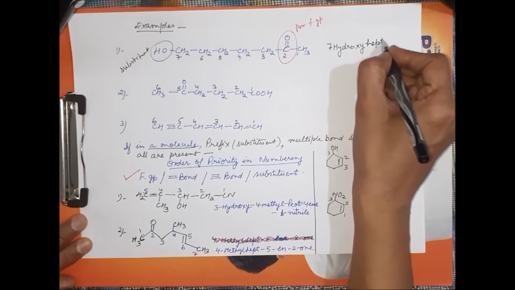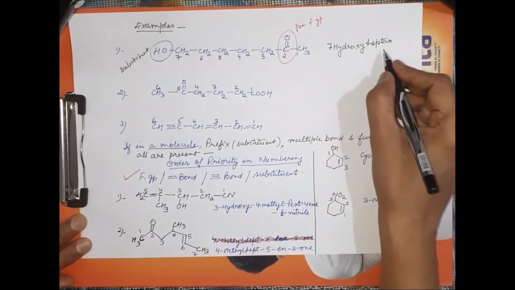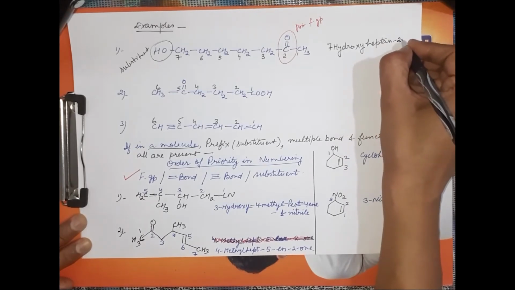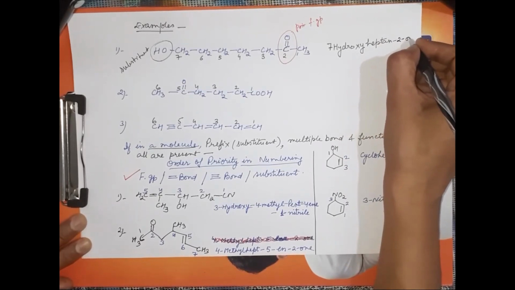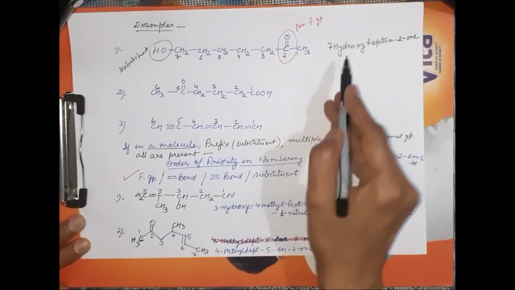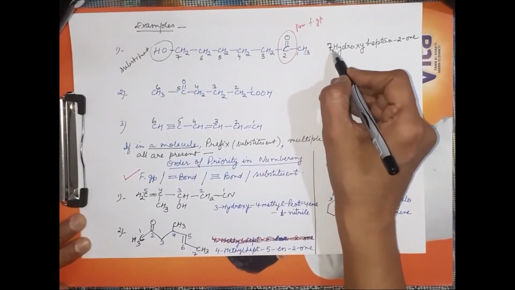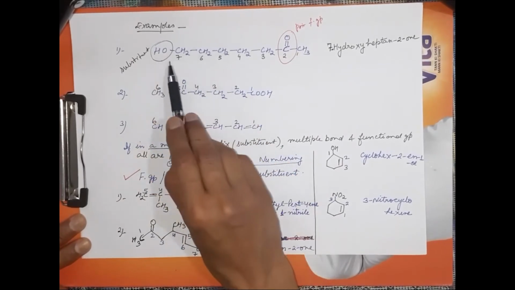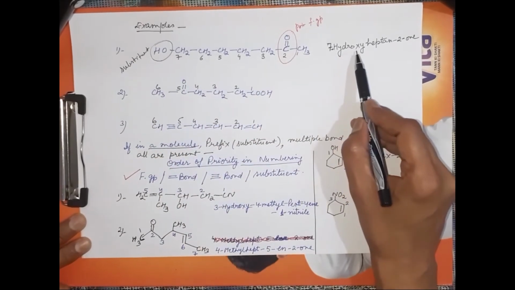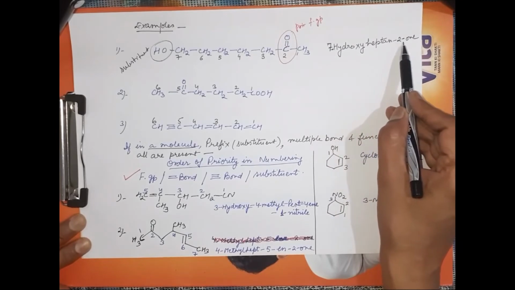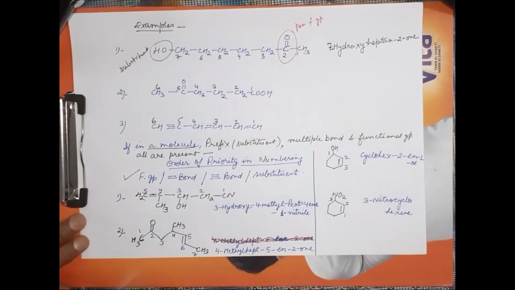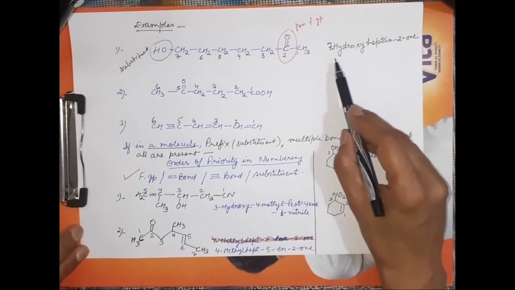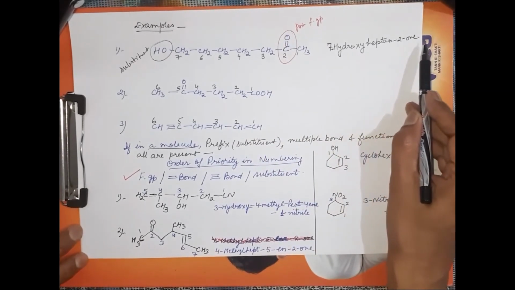Heptane, the e will be dropped, and 2-one. So the name will be 7-hydroxy heptane-2-one. The position of the ketonic group is 2. So 7-hydroxyheptan-2-one.